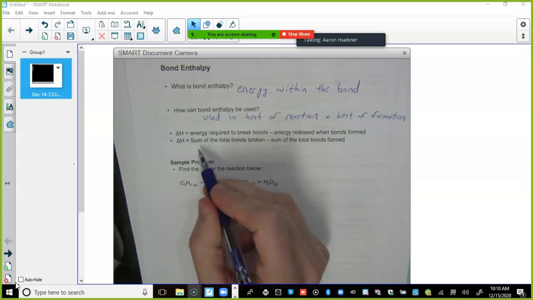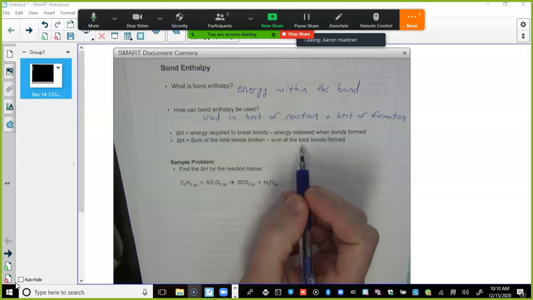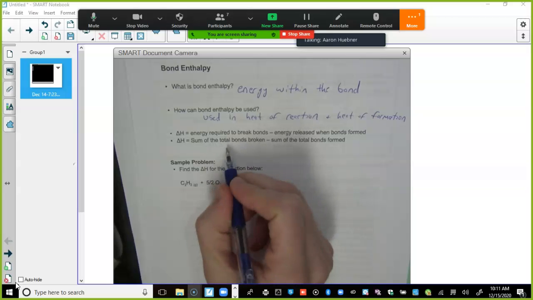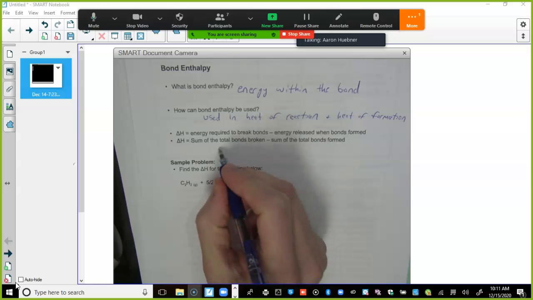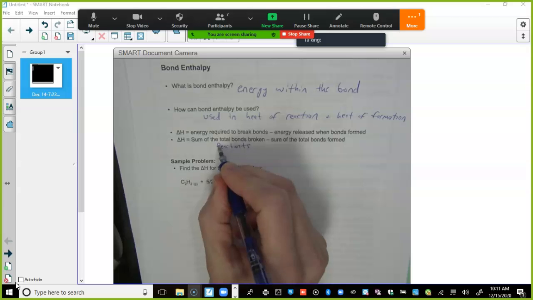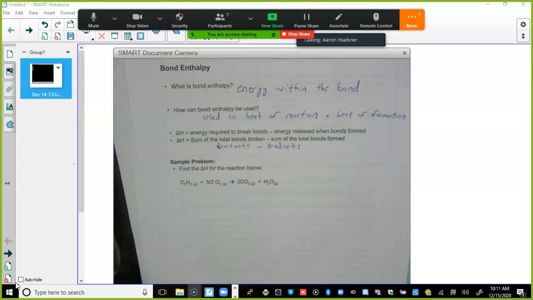You can also look at it as sum of the total bonds broken minus sum of the total bonds formed. So sum of the total bonds broken, is that reactants or products? Reactants. So you can kind of think of it in terms of reactants minus products.